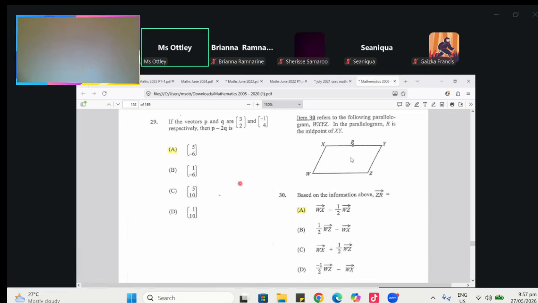If we were doing it, we would have gone ZW and then YR. In this case, we can't go that way because they didn't give us those options. So we are now using the parallel sides. ZW is the same as WX, and then because we are going Y to R, that is negative. So it's subtract half of WZ. So remember, in a parallelogram, the parallel sides are always equal, and that is what they played on in this question.